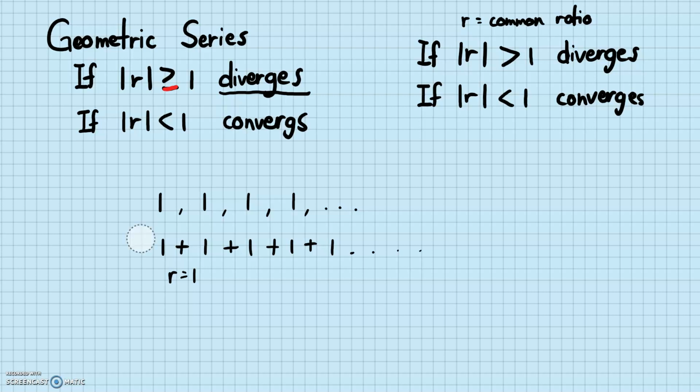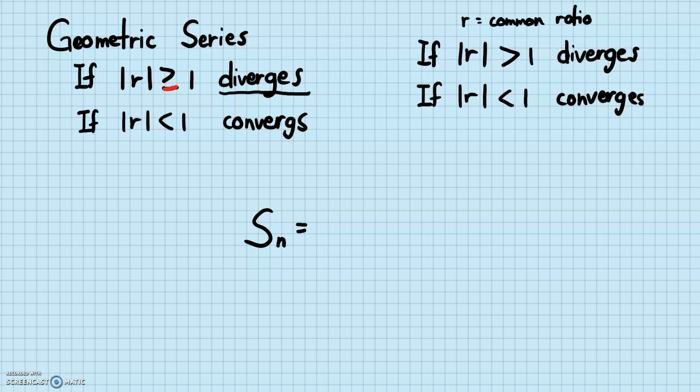Okay, and another thing we can know, if it converges, is to which value it will converge. So let's look at, remember, the formula for finding the first n terms of a geometric series. That equals the first term times 1 minus r to the power of n, divided by 1 minus r. That was our formula.